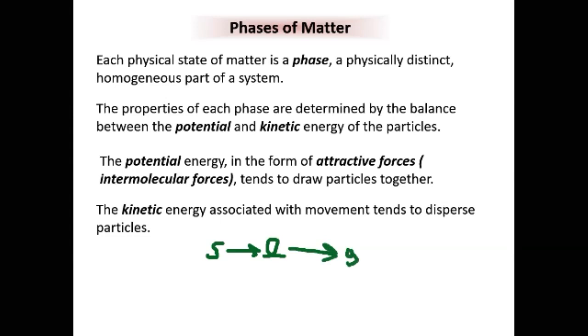The solid form is the form of matter that has the most potential energy, because in the solid, as we'll see in a second, the molecules are very constrained. And then gas molecules have the most kinetic energy, because gas molecules are freely moving and there are very little attractive forces that hold them together. And so this is just a balance between potential and kinetic energy.